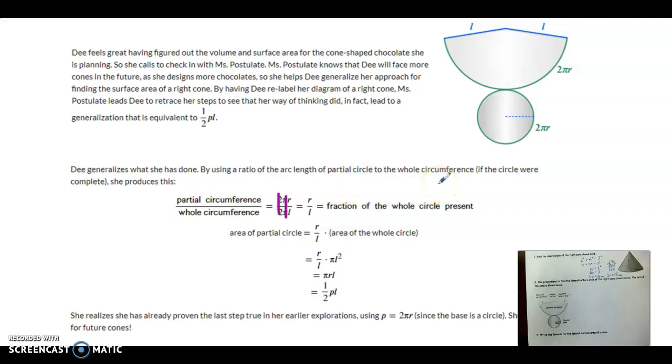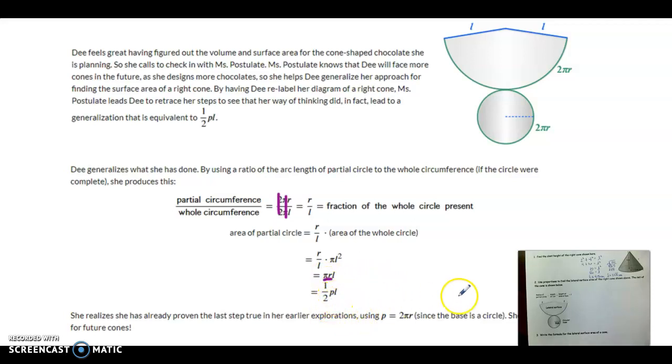So the area of the partial circle is r over L times the area of the whole circle. This is our fractional part we want. And the area of the whole circle would be using this L as the radius, so pi times L squared. And of course, one of the L's here would cancel out the L in the denominator and leave us with pi r L. Now, pi r is half of the perimeter of the circle, or half the circumference.